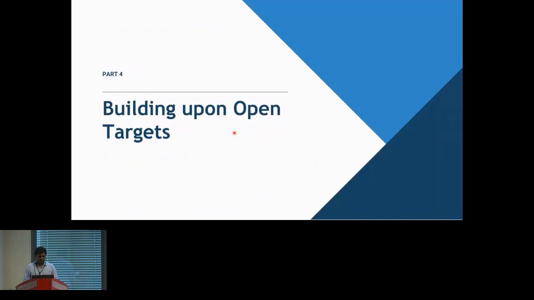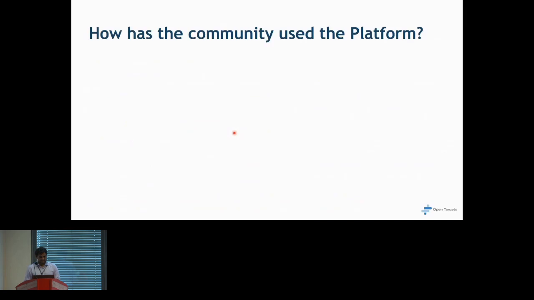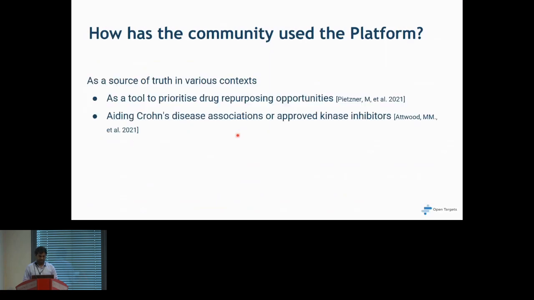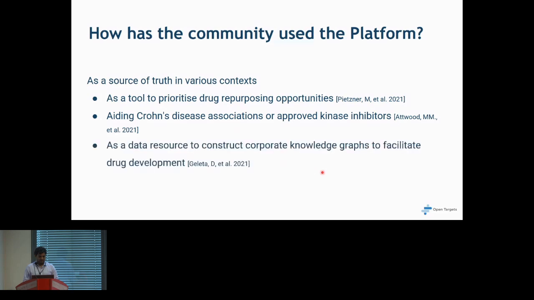So just to give a last example of how people have used Open Targets. It has been used as a tool to prioritize drug repurposing opportunities, aiding in Crohn's disease, and as a data resource for constructing knowledge graphs and identifying novel drug targets.